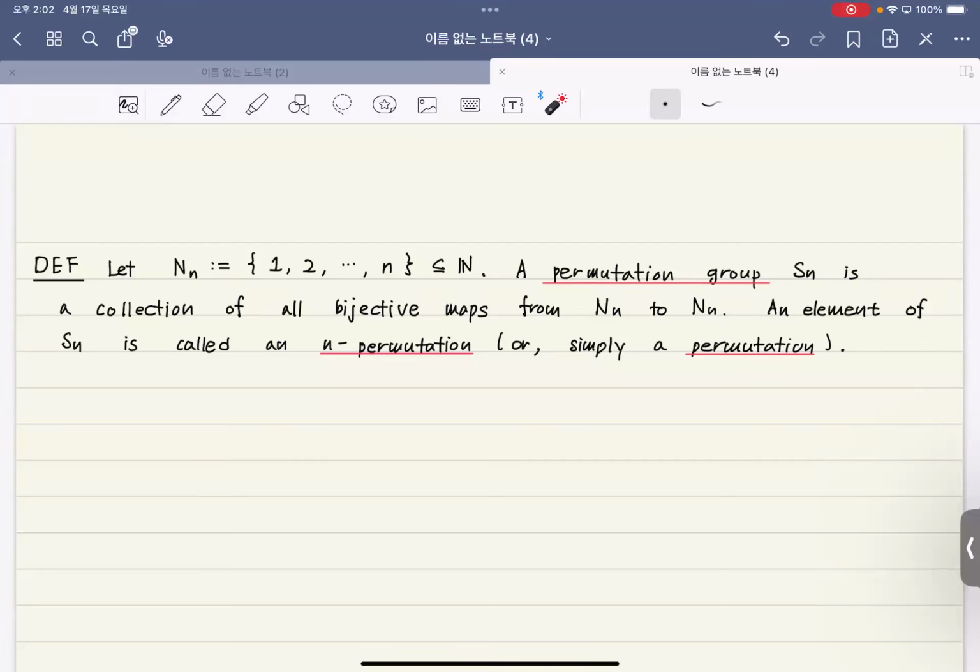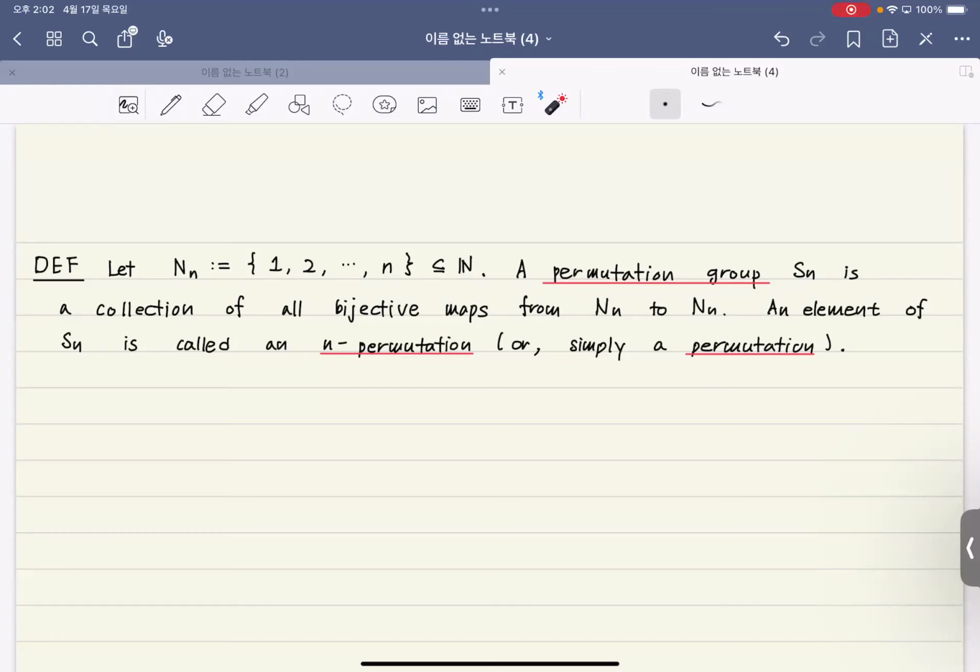So the permutation group is just the collection of all bijective functions from N_n to N_n. Any typical element in this group S_n is called an n-permutation, or simply, if there is no confusion, a permutation.